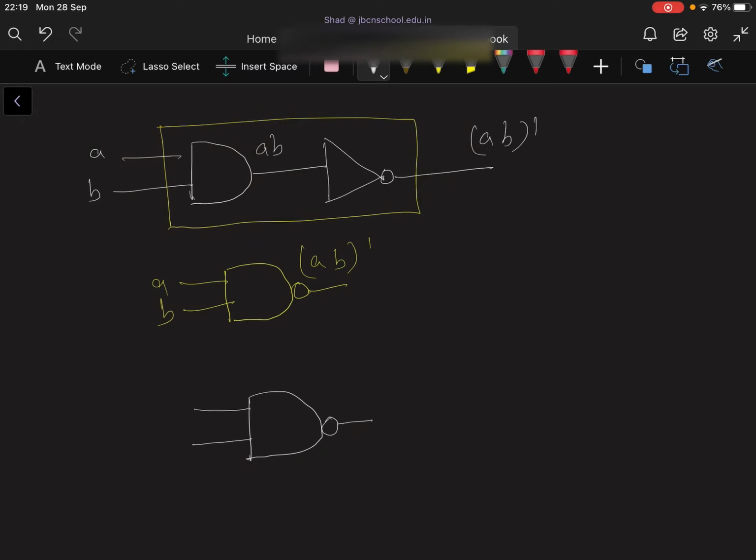Now if I do this and connect these two, what kind of gate is this? Okay, let's draw it to show you.